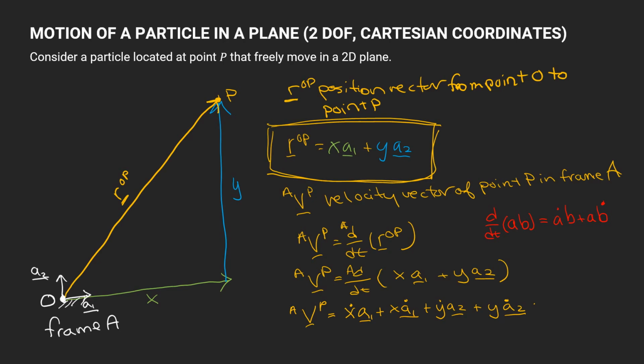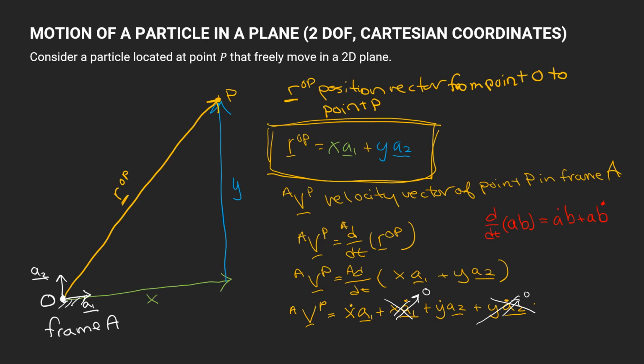And what this means is that if we were to consider the time derivative of a1, that is going to go to 0, meaning this whole term cancels out. And the same thing with a2. If we have a fixed reference frame, a frame that is not moving, this derivative and hence this whole term goes to 0.